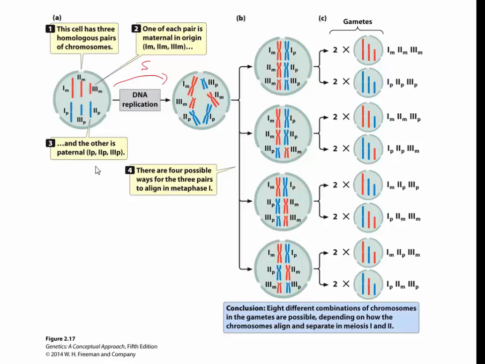So when we did 2 different chromosomes, we got 4 different things. If we have 3 different chromosomes, we get 8 different things.